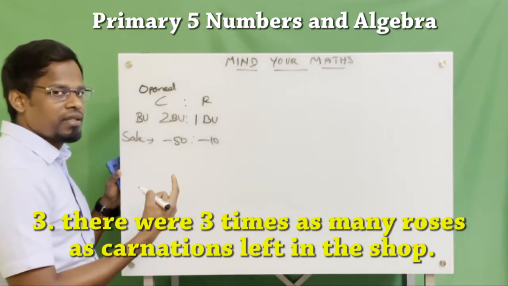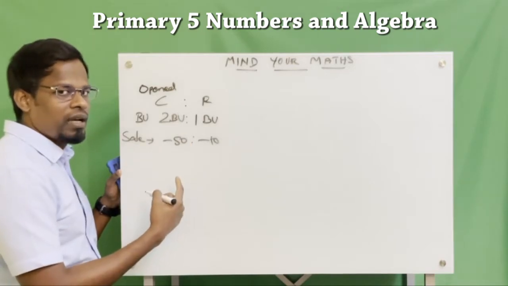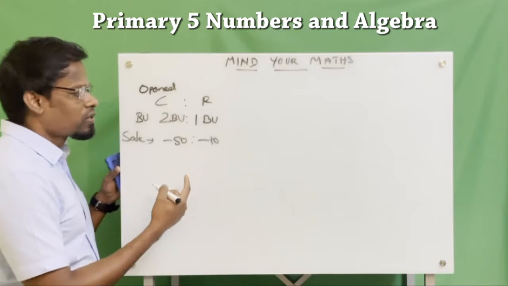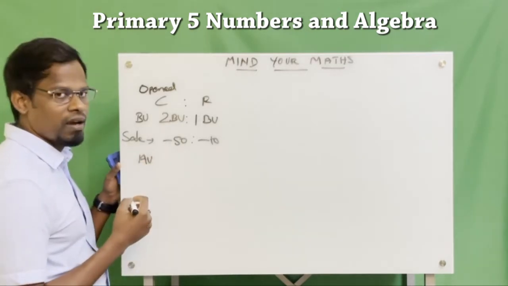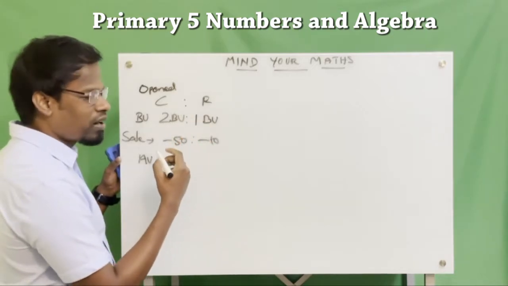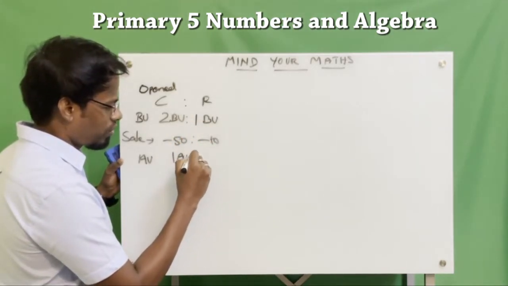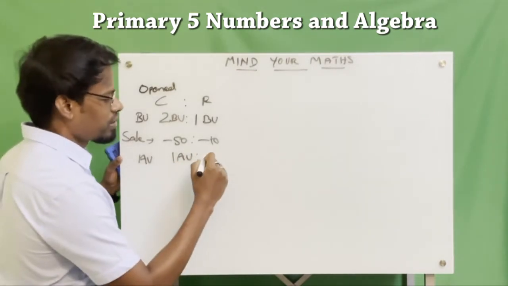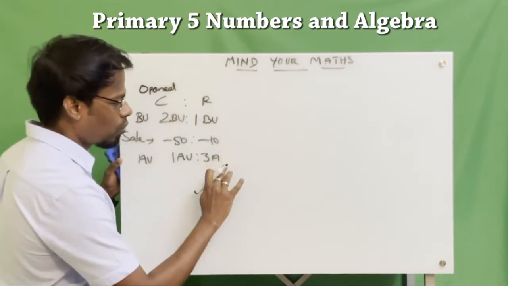The carnations have become smaller and the roses are more. So after the sale we take it as after unit. The carnation was only 1 after unit, and the roses were 3 times of the carnation, so 3 AU.